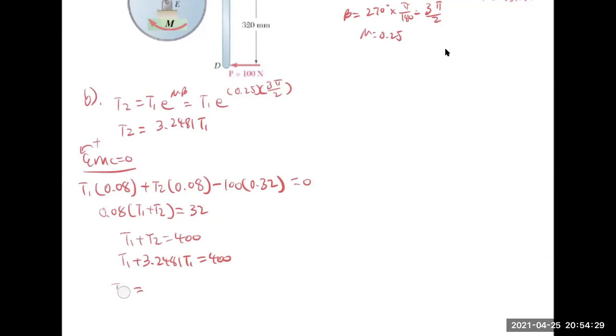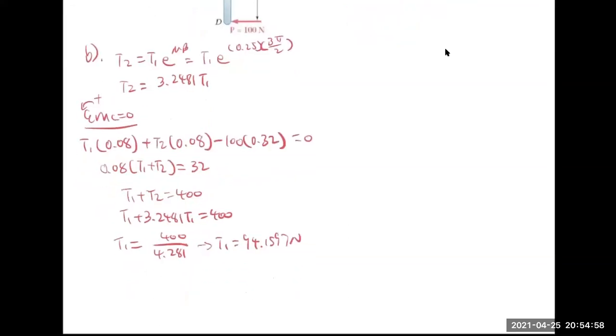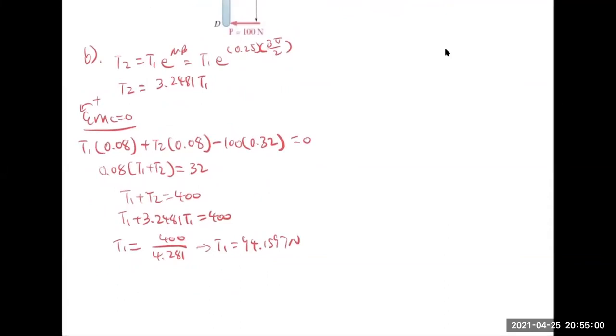So T1 will be 400 divided by 4.2481, and T1 will be equal to 94.1597 newtons.